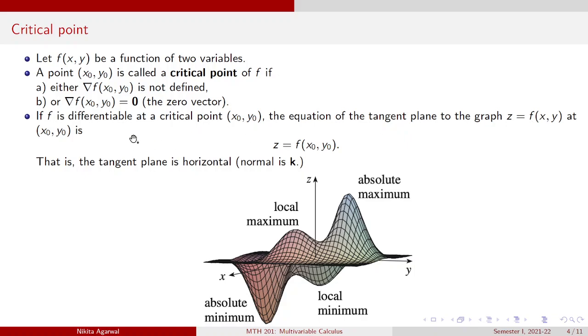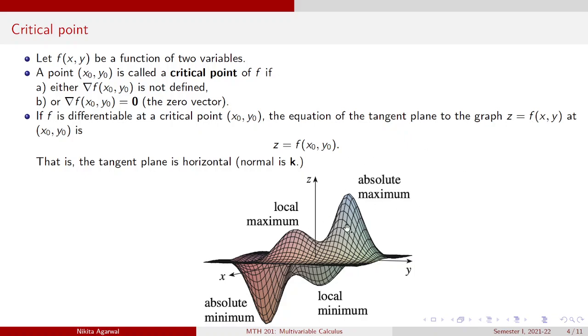Because the gradient is 0. The function is differentiable, so the gradient exists, and it is 0. Therefore, this is the equation of the tangent plane. This means it is like z equal to constant, right? Now, z equal to constant means that the tangent plane is horizontal at that point, and the normal is nothing but k.